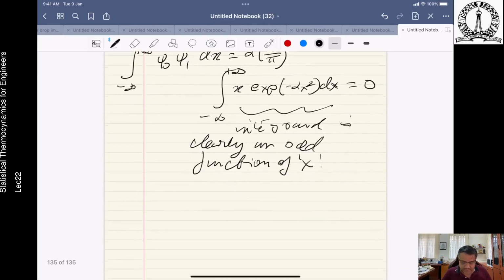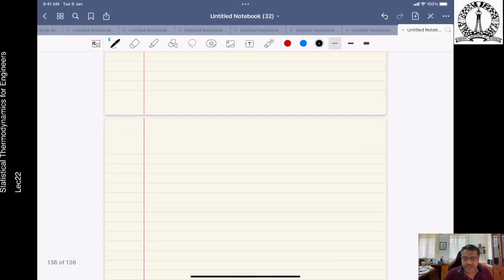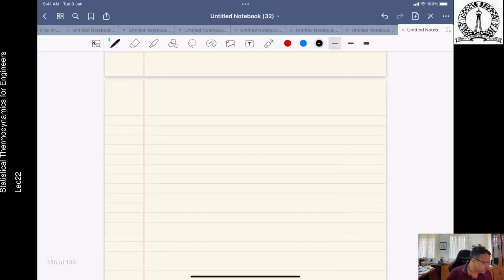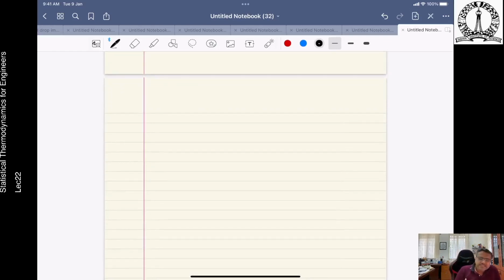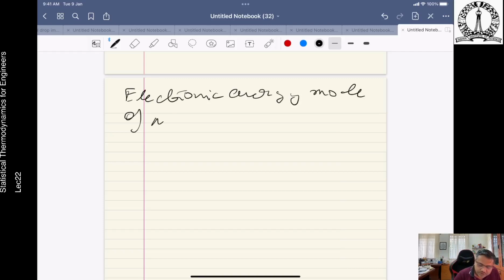So we have seen how the vibrational energy, the rotational energy and the translational energy can be treated. Now we can extend this kind of analysis to the electronic energy mode of atomic hydrogen. You know the rigid rotor, the harmonic oscillator, the degeneracies, the energy levels.